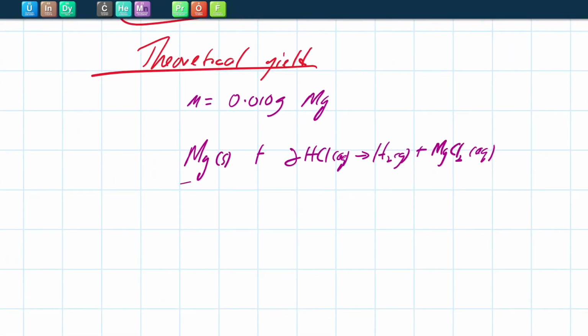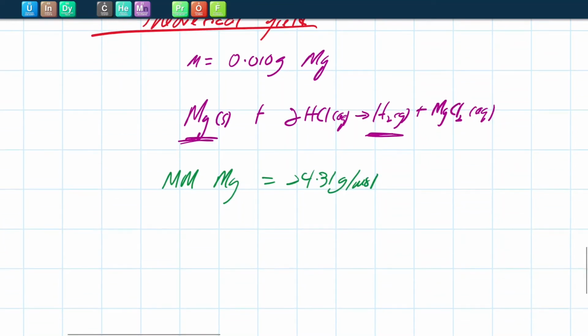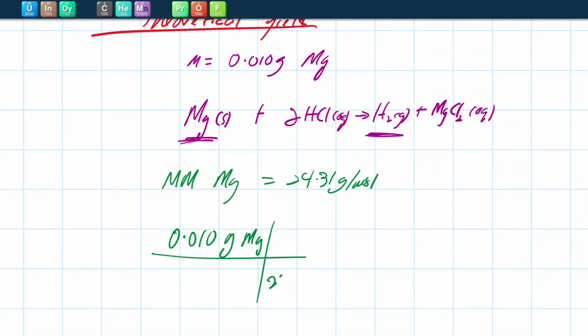So if we figure out the number of moles of magnesium, we should know the number of moles of hydrogen. The molar mass of magnesium, if you look it up on the periodic table, is 24.31 grams per mole, which means our 0.010 grams of magnesium can be used to find moles of magnesium.